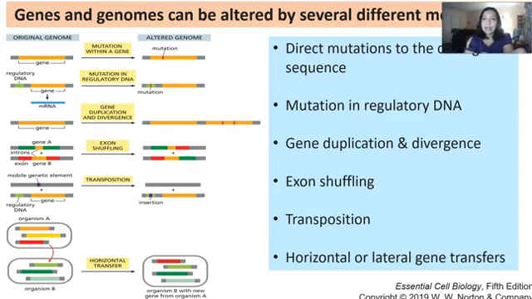Maybe a portion gets deleted or added, or just a point mutation happens that leads to a difference in the protein product in that particular codon, so that a different amino acid is there that leads to a different isoform or different shape or a different protein product at the end of the day, and that would be then your altered genome.